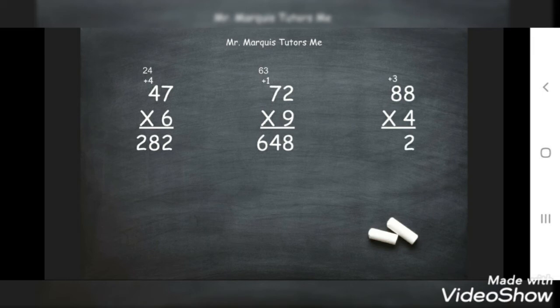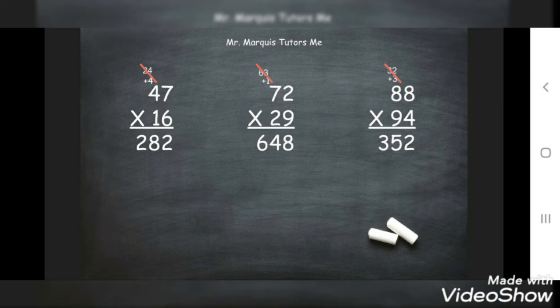I put the 2 down. I carry the 3. 8 times 4 is 32 again, but I have to add 3 more tens to it, making it 352. And that's just me making sure I'm adding and carrying and then adding again.